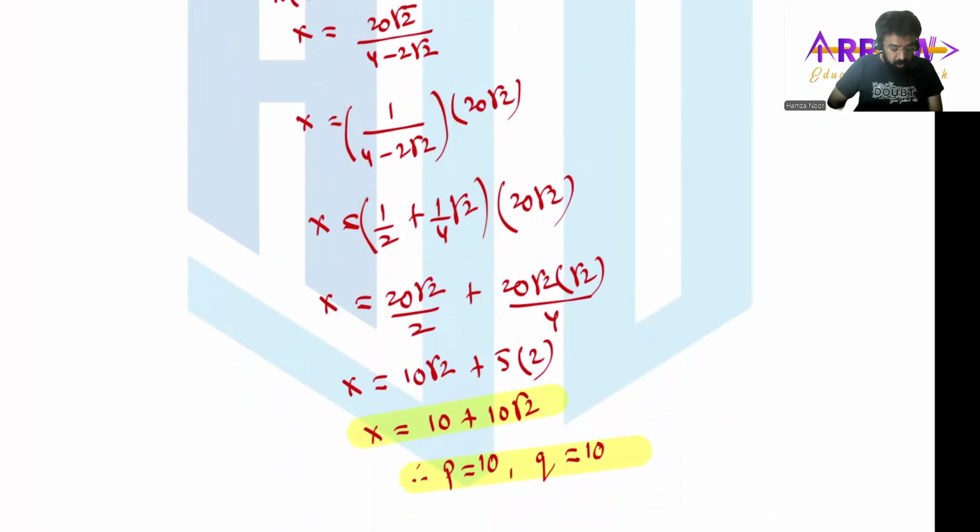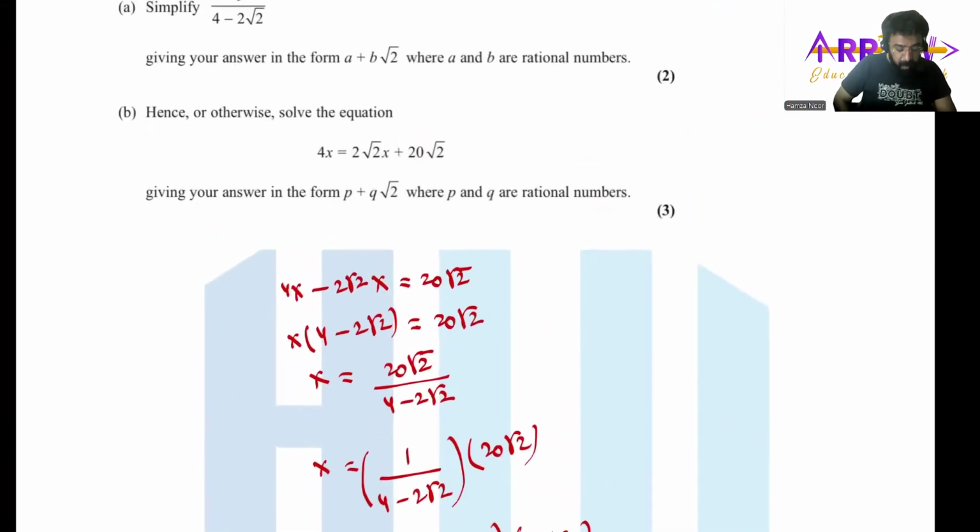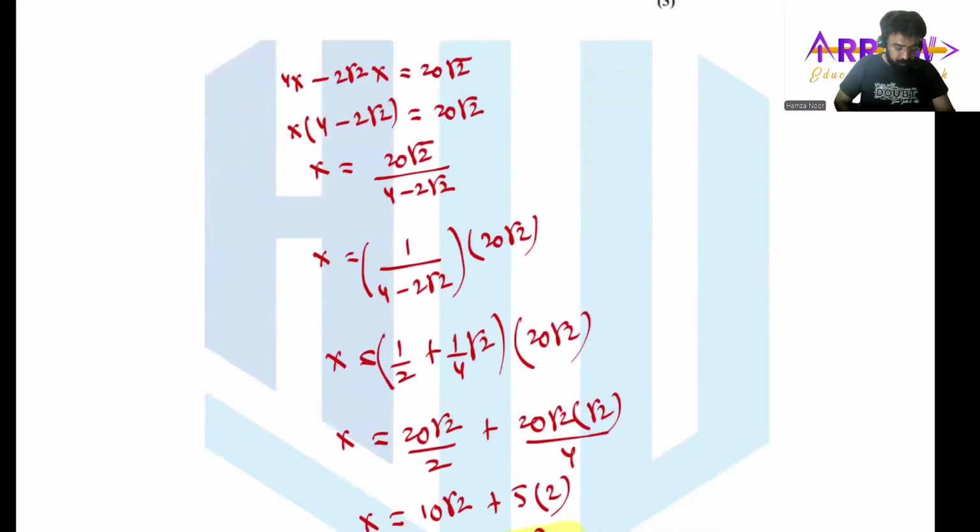Now all you need to do is just do the expansion. So x will be equal to 20 root 2 divided by 2 plus 20 root 2 multiplied by root 2 divided by 4. Agreed with this or not? So x will be equal to 10 root 2 plus 5 multiplied by 2, meaning x is equal to 10 plus 10 root 2, because we need to give our answer in the form of p plus q root 2.